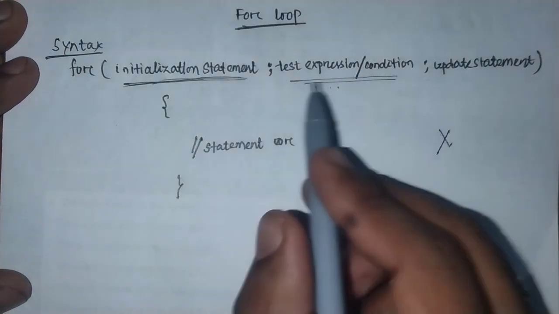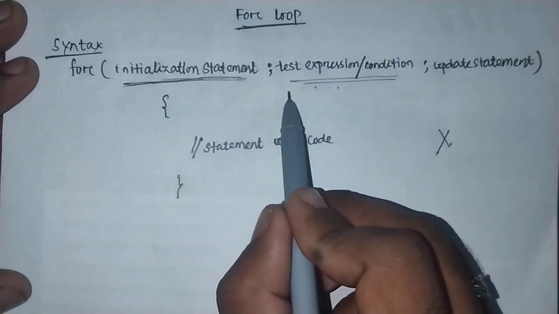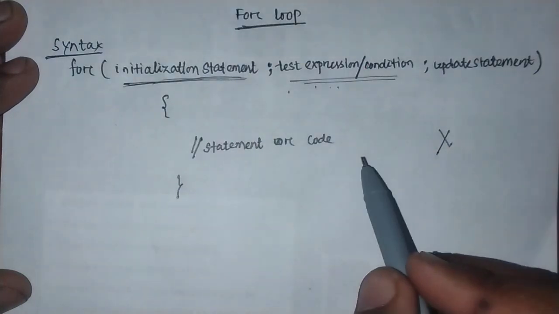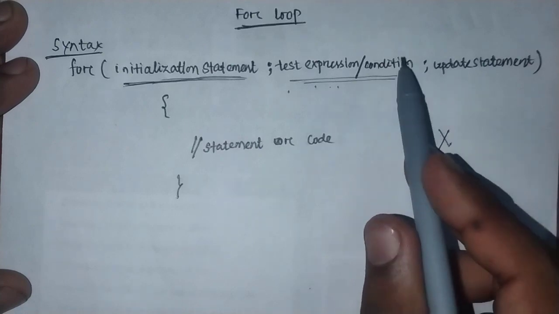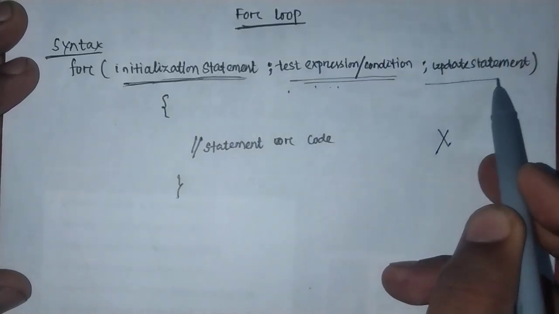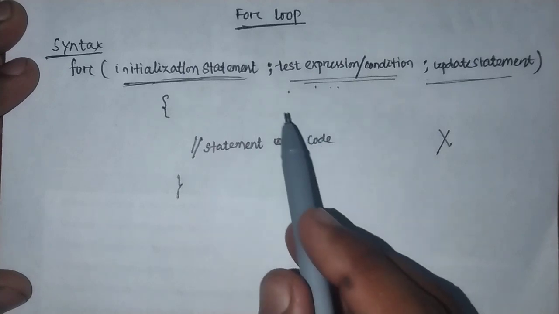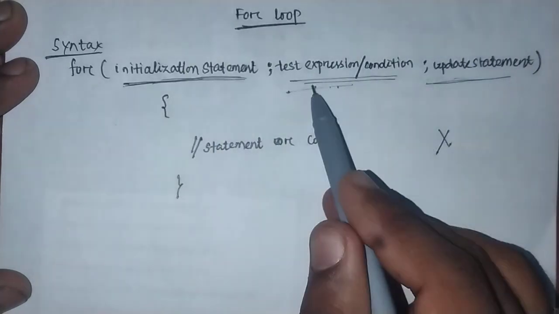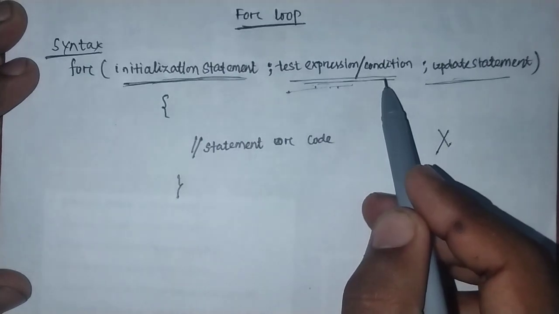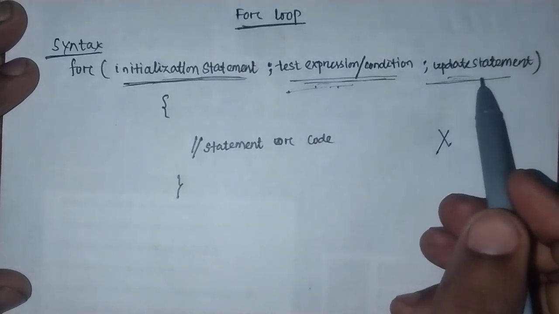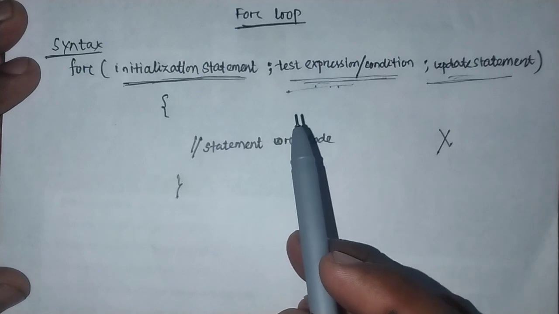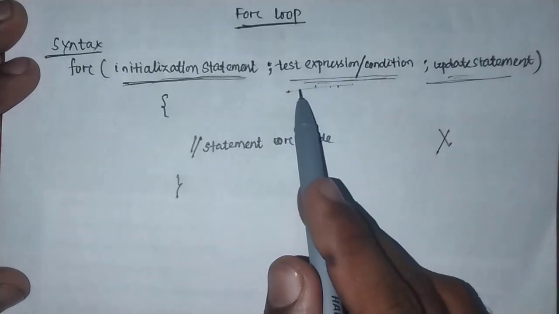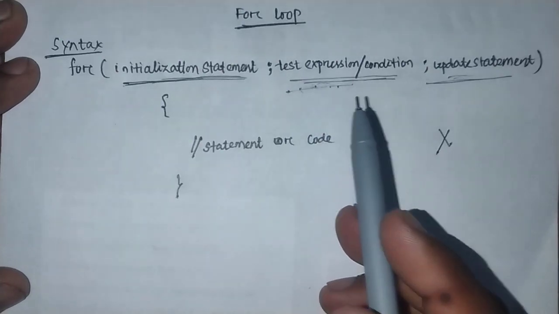However, if the test expression is evaluated to true, statements inside the body of the for loop are executed and the update expression is updated. Again, the test expression is evaluated, then update, then test expression evaluated, then update. The process goes on until the test expression is false. When the test expression is false, the loop terminates.